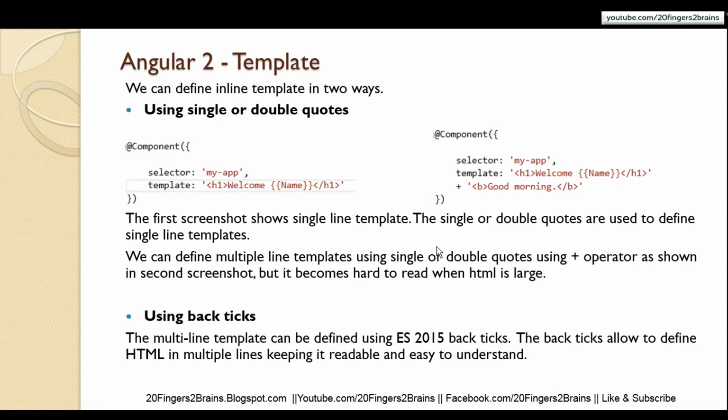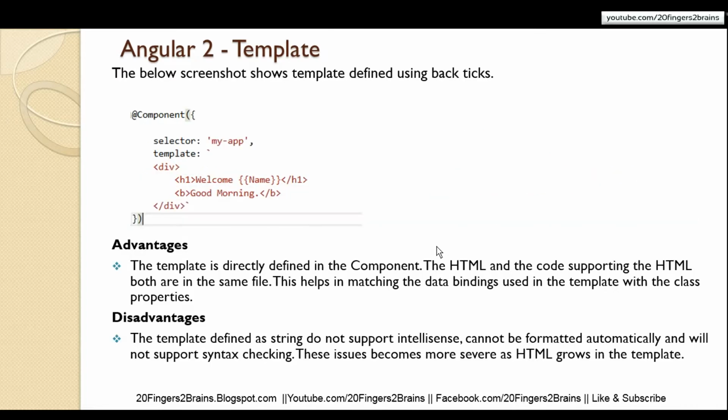So there's another way which overcomes this disadvantage, and that way is using backticks. The multi-line template can be defined using ES 2015 backticks. The backticks allow us to define HTML in multiple lines, keeping it readable, easy to understand and even easy to maintain. This is the screenshot which uses backticks to define the HTML.